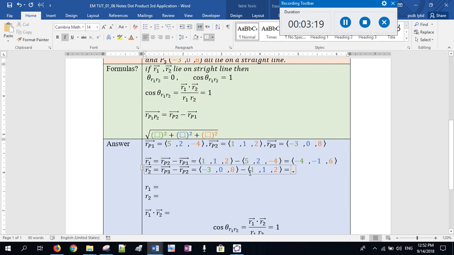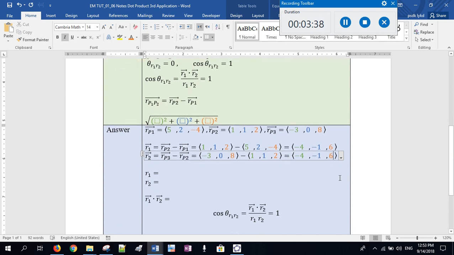Minus 3 minus 1 is minus 4. 0 minus 1 is minus 1. 8 minus 2 is 6. R1 and R2 in this case are identical. It is just a coincidence.